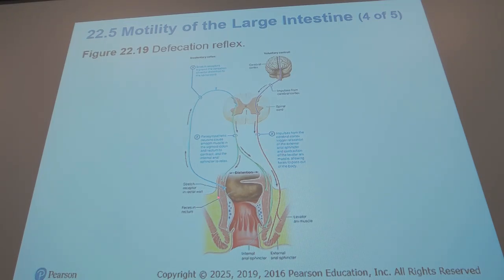Now, eventually, when this pressure increases because you accumulate more feces in this area, that leads to a long reflex that is going to travel into upper areas of your spinal cord and then to your cerebral cortex. And then you will have an effector or efferent signal that is going to lead to relaxation of the internal and external anal sphincter, and then you have defecation.